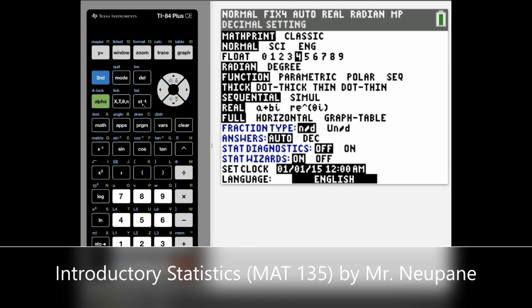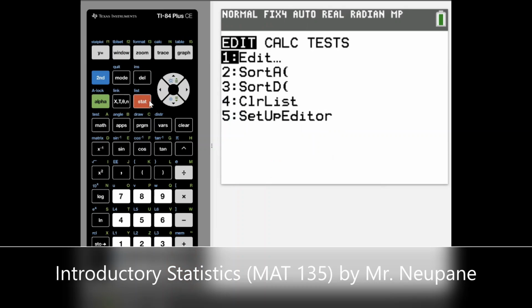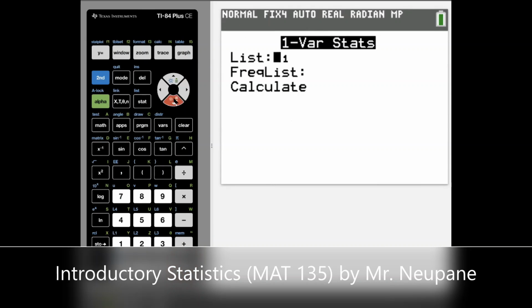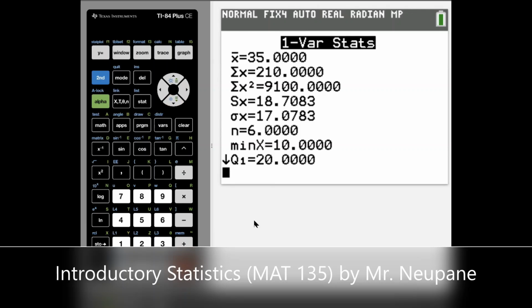If I repeat the process like stat, then calculate, then number 1, and then come down and calculate, now you'll see the standard deviation is 17.0783. And in the first step, we calculated the mean. It was 35. Check here. You can see it is 35 again. Any question?